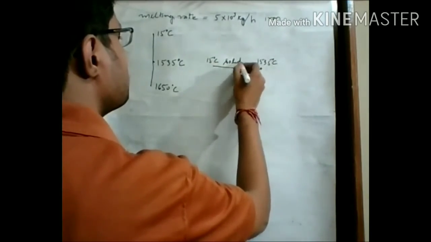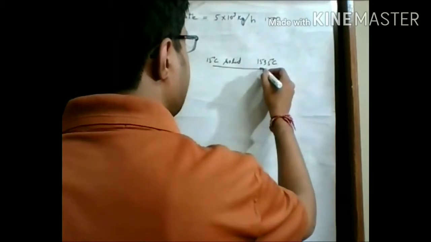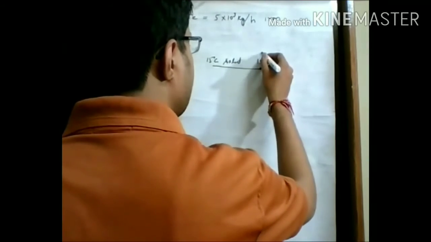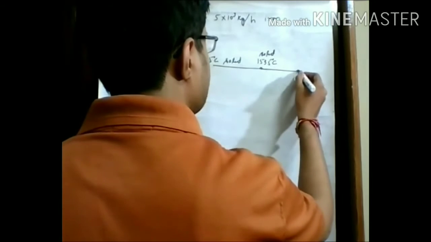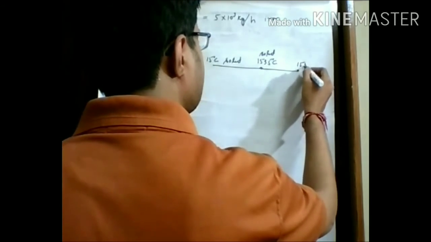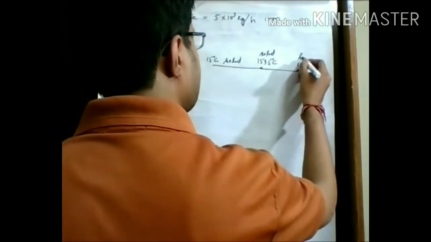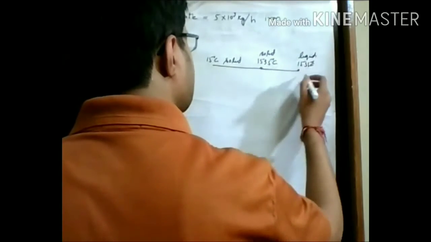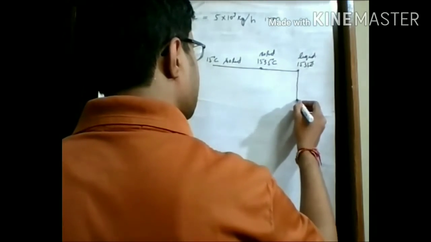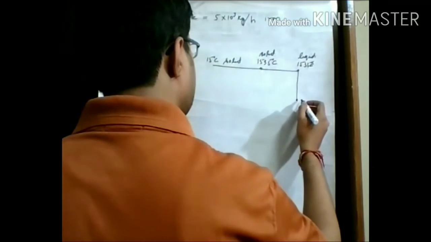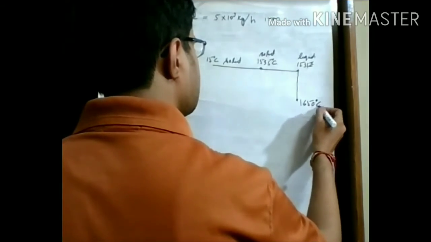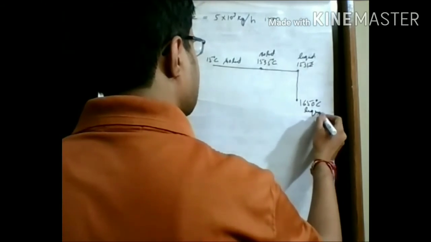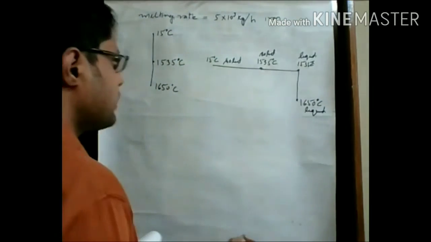After that, at 1535 degrees the solid iron will convert into 1535 degree liquid iron. And after that, this 1535 degrees Celsius liquid iron converts into 1650 degrees centigrade liquid iron. Okay, so this is the phenomenon.